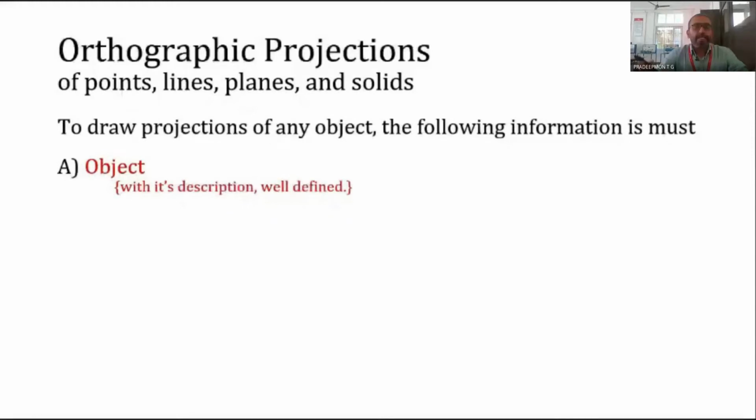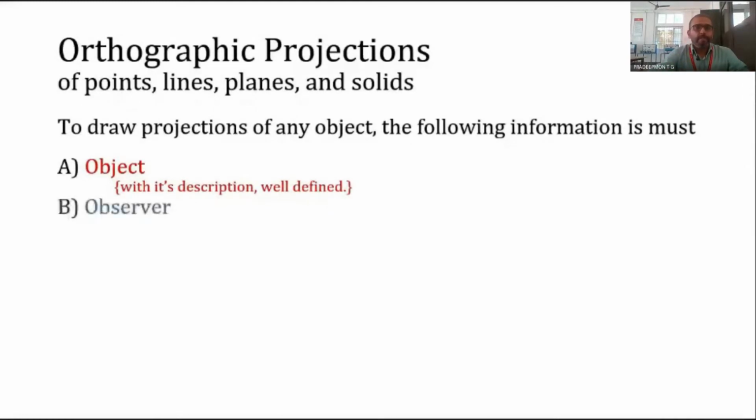To understand these, projection of points and planes is also needed. How the object can be well defined, we will discuss later, because even if I say it right now, you may not understand.